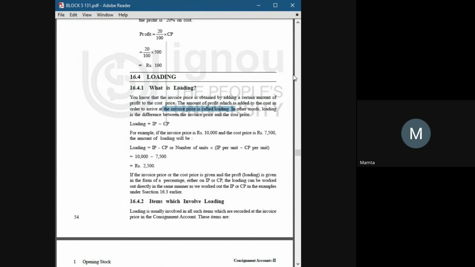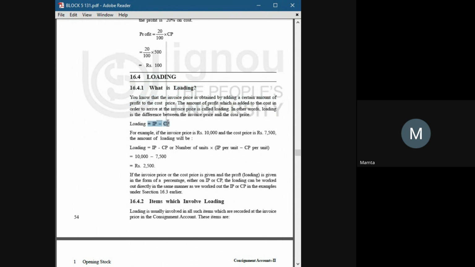But for the consignor, the profit would be 50 rupees, because we have already added 20 rupees in the cost price of our product. That's how it is done. And those 20 rupees which we added earlier are known as loading.